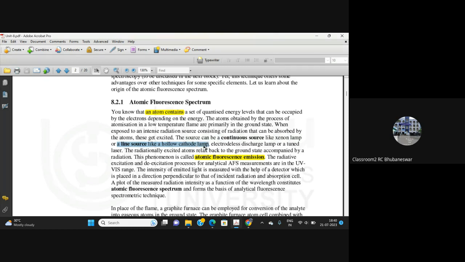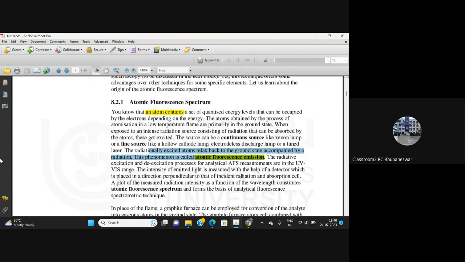So the source can be different depending on the spectroscopic tool. The radiationally excited atoms relax back to the ground state accompanied by radiation. This phenomenon is called atomic fluorescence emission.